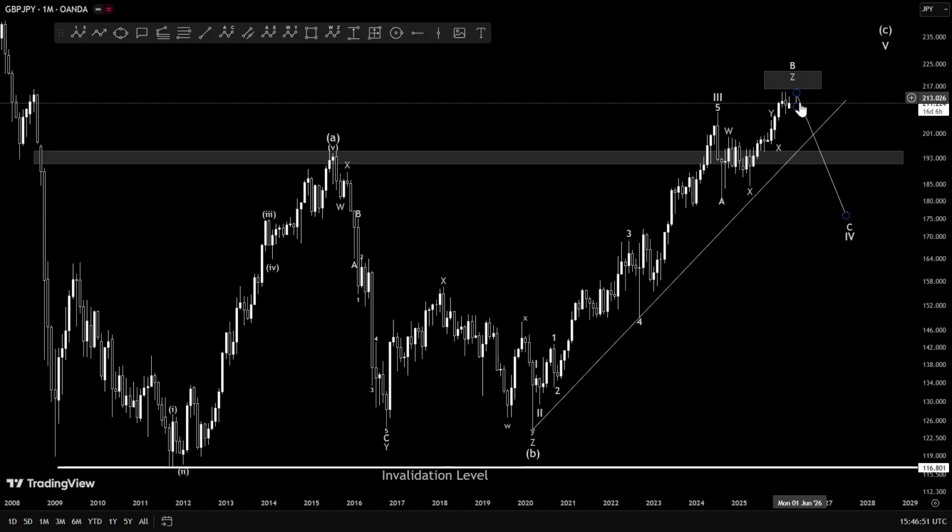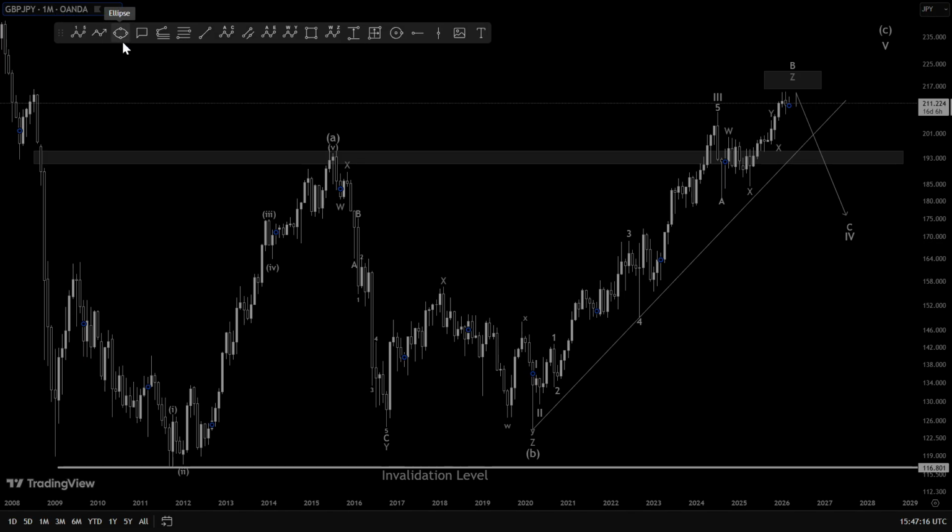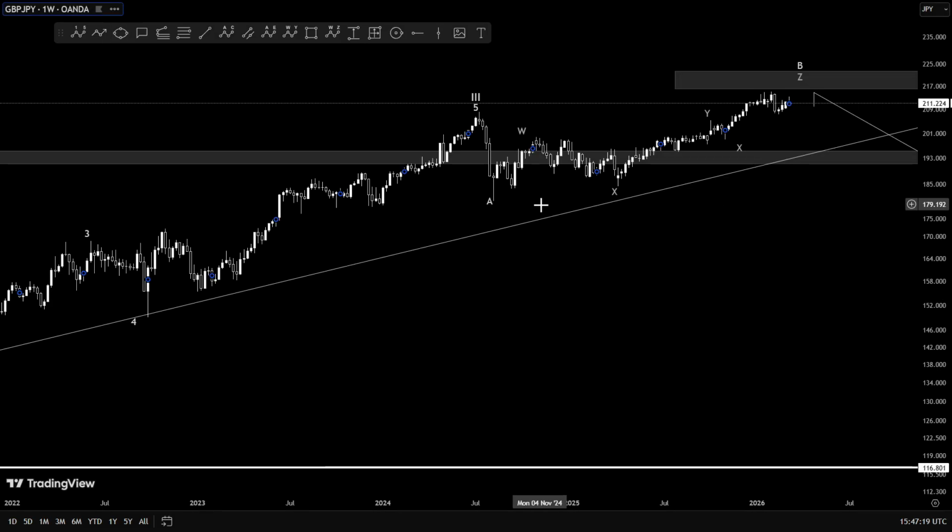After the completion, it starts going down, breaks out of this trend line and support to complete wave 4. But all we know is that we have to wait till the market comes into this box before we sell for the GBPJPY.